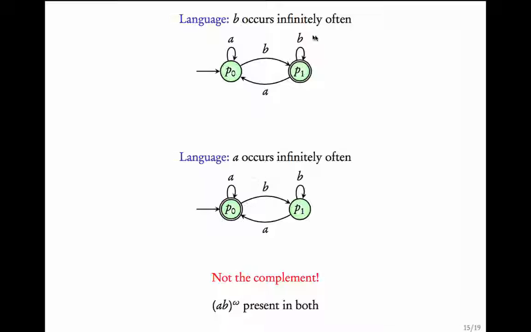The complement of B occurs infinitely often is the language B occurs finitely often. Here in this language, it just says that A occurs infinitely often. It does not say whether B occurs finitely or infinitely. So, doing this mere interchanging of accepting and non-accepting states will not give you the complement language in general.